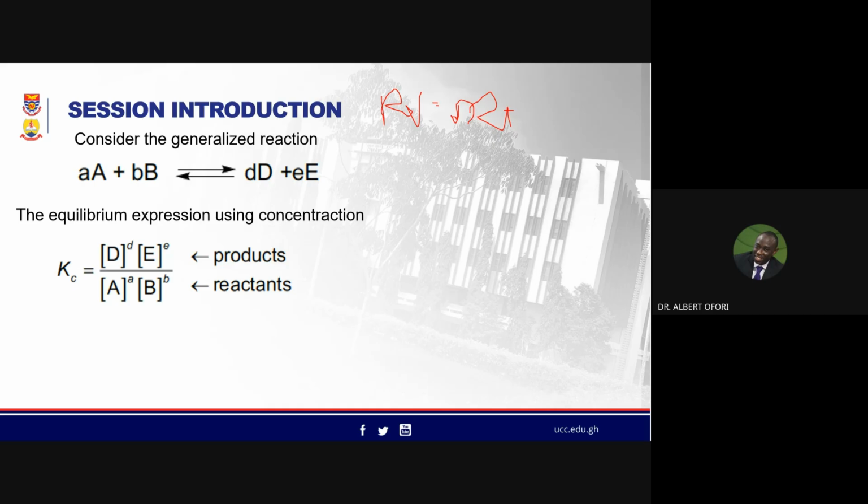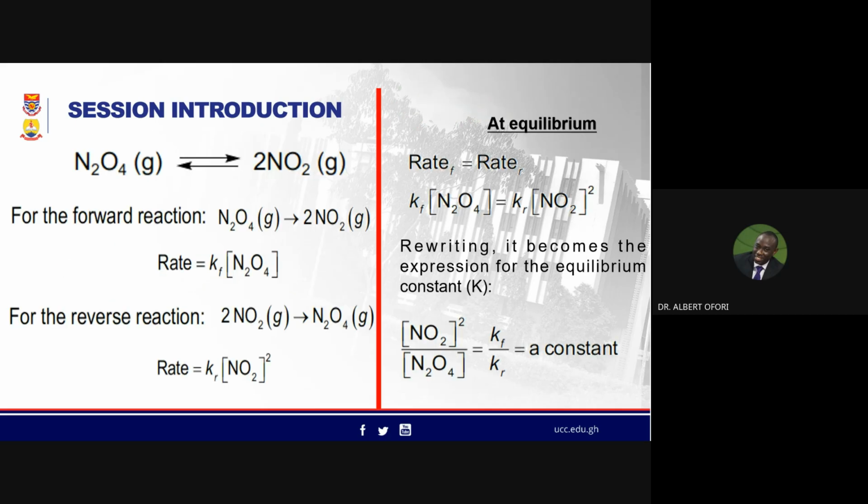But let's note how we can write the equilibrium constant expression using concentration or using pressure. Most of our calculations, we use the concentration. To differentiate between the equilibrium constant expression for concentration and that of pressure, we use K subscript C or K subscript P, C for concentration, P for pressure. Now, K is equal to, from what we just proved from this formula, K basically is just the product.